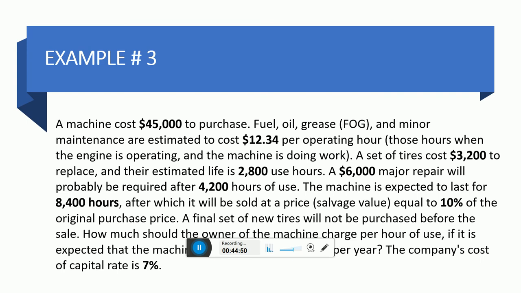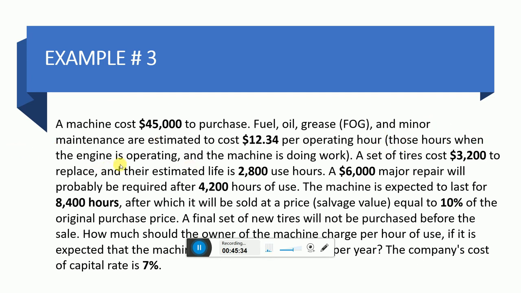In this example, we have a machine which costs $45,000 to purchase. Fuel, oil, and grease, or FOG, and minor maintenance are estimated to cost $12.34 per operating hour. So the machine's purchase cost is $45,000, and $12.34 per operating hour is for fuel, oil, grease, and other minor repairs.